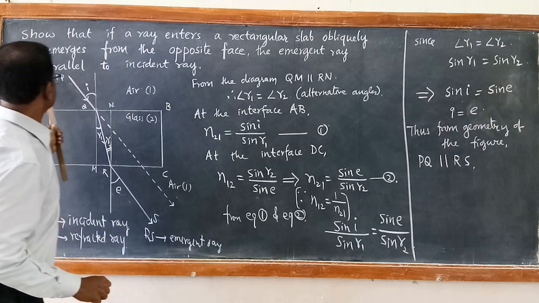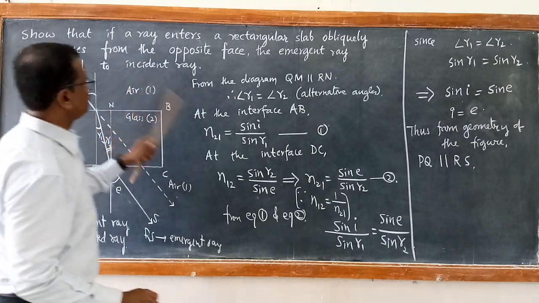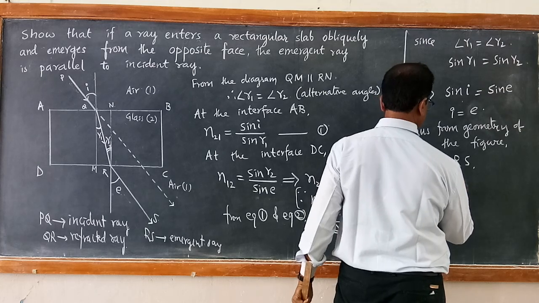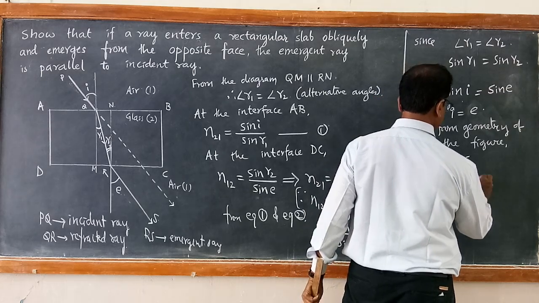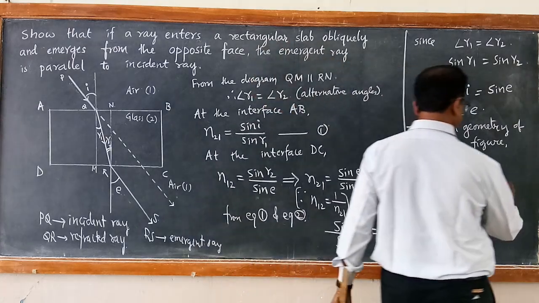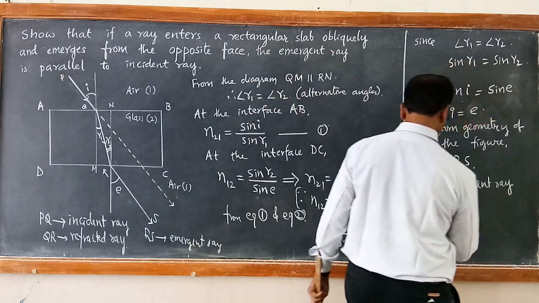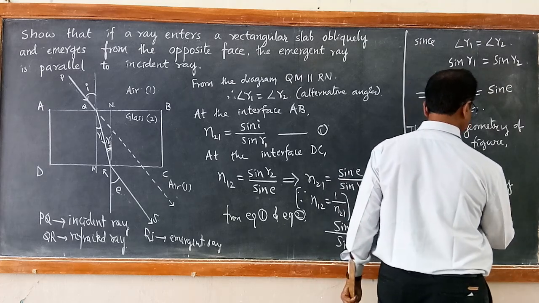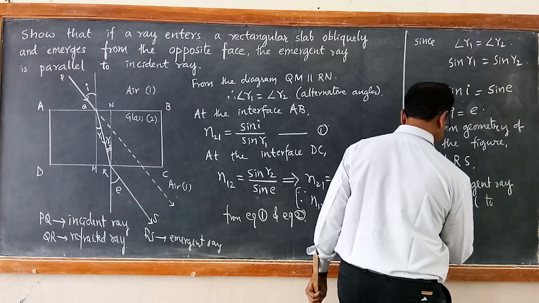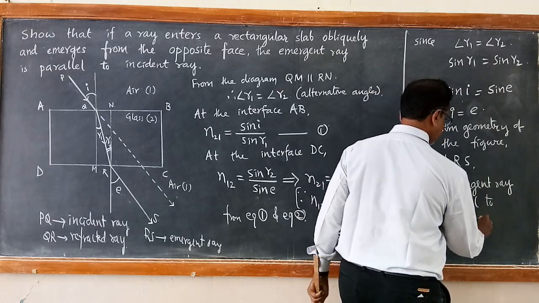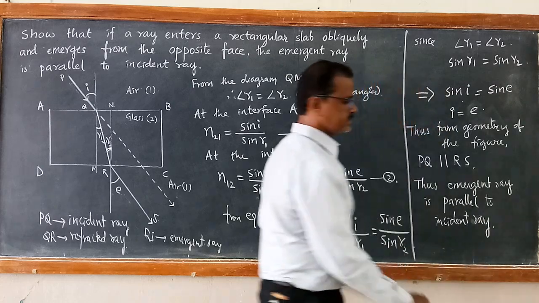Therefore, we proved the emergent ray is parallel to the incident ray. The emerging ray from the glass slab on the other side is parallel to the incident ray. So this is very important.